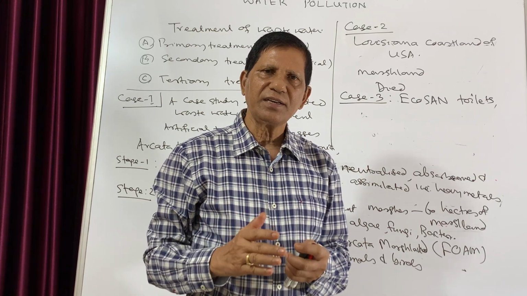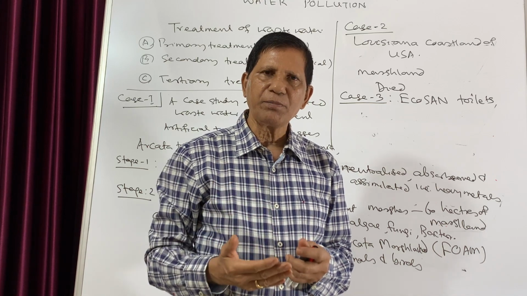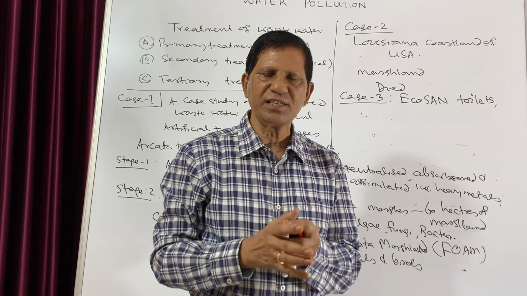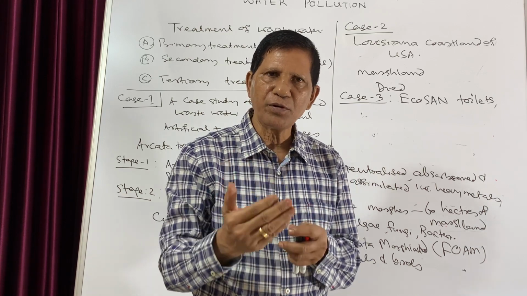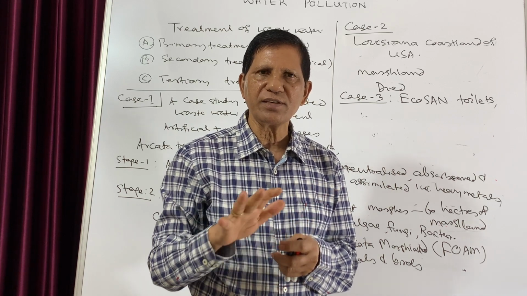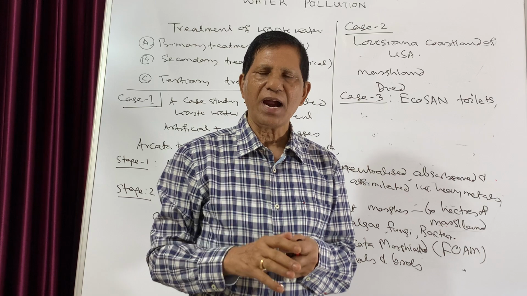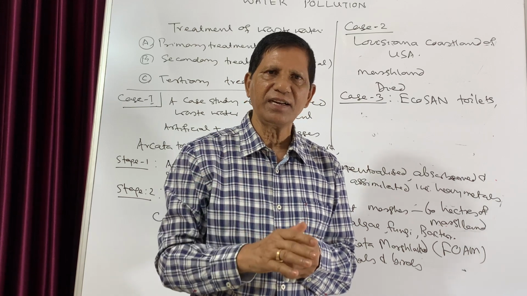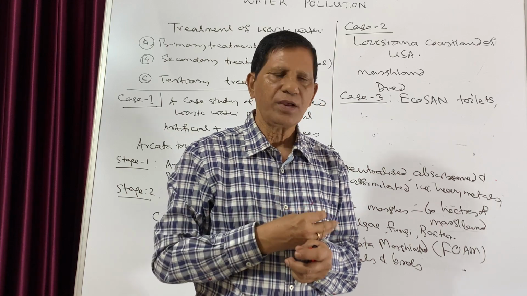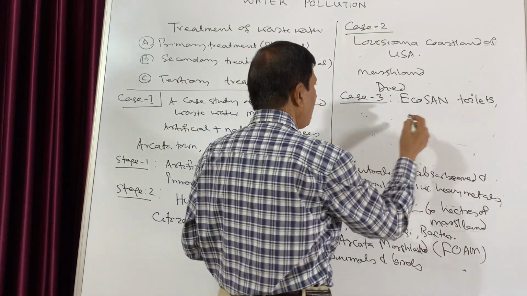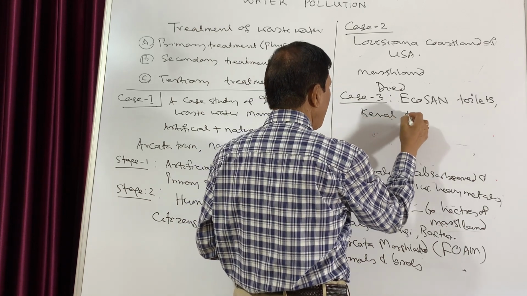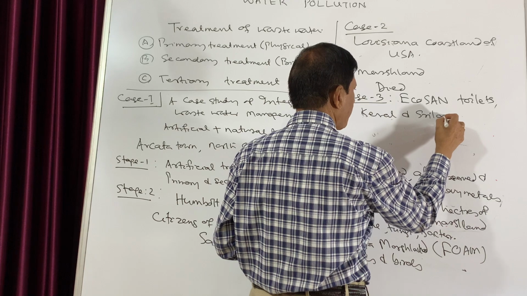So nowadays scientists have developed a dry composting system or dry toilet system for removal of human fecal matter, so that there will be no wastage of water. It is hygienic, economical, and also scientific. These EcoSan toilets are already in use in Kerala and Sri Lanka.